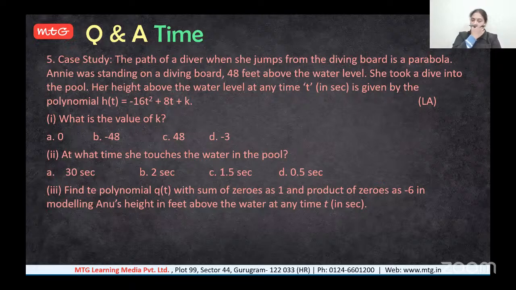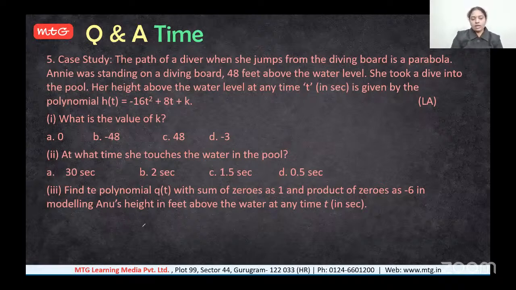Yes, right answer. So let's see what could be the polynomial representing Anu's height in terms of time.